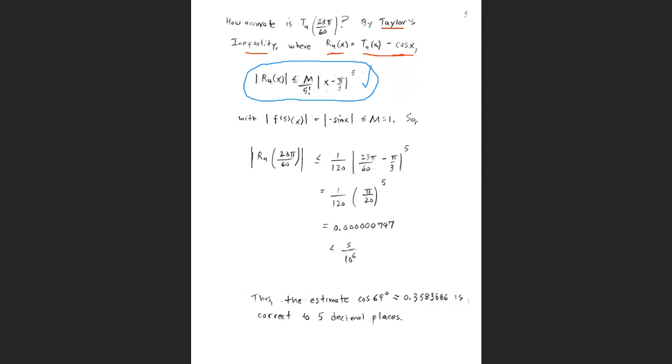You established before, when you did the derivatives, that the fourth derivative of x was just the cosine of x. So the fifth derivative of x would be negative sine of x.